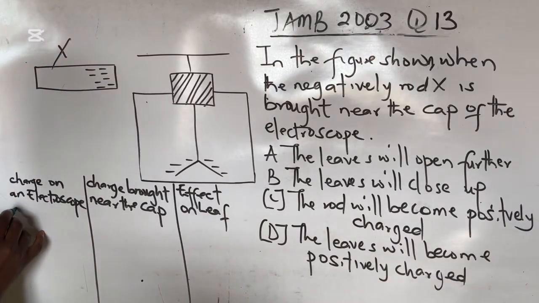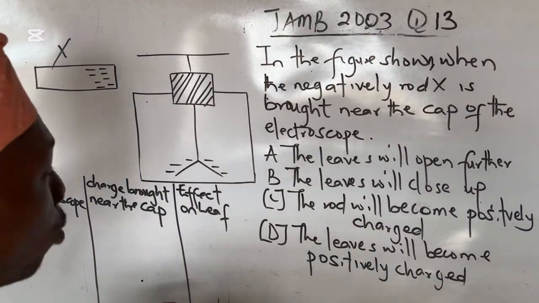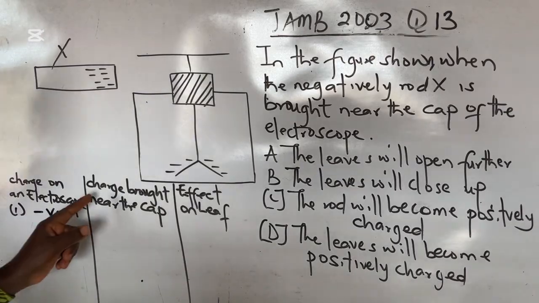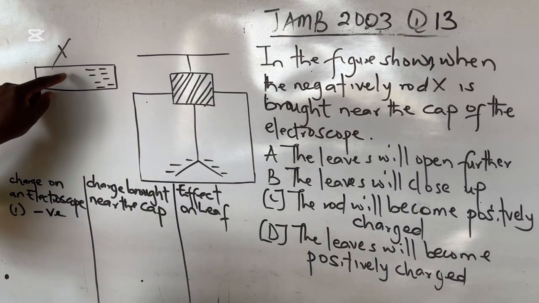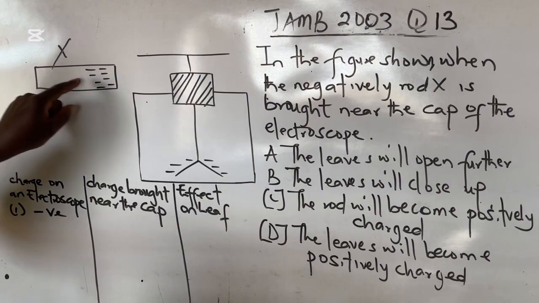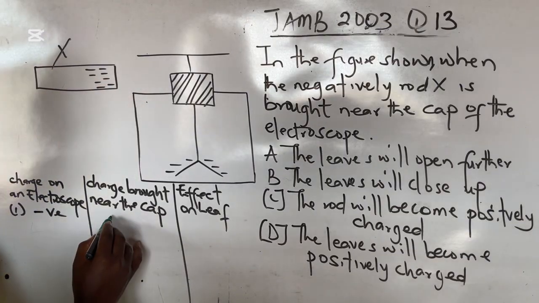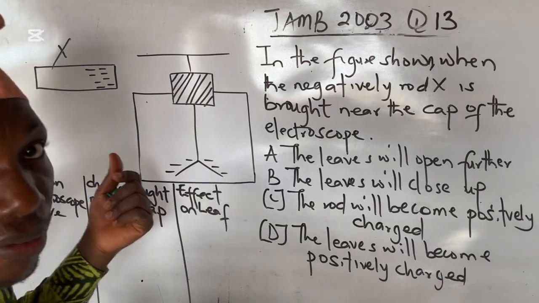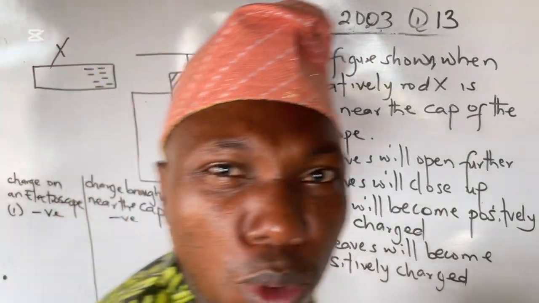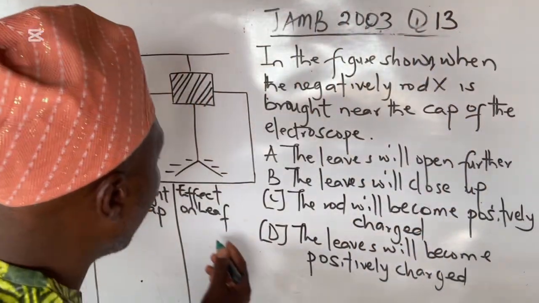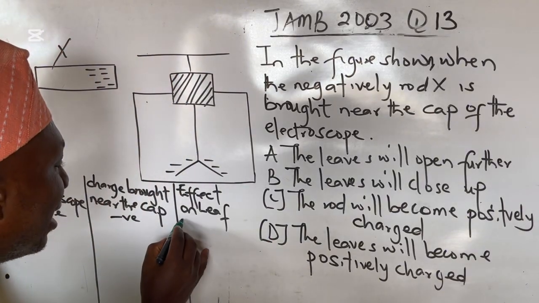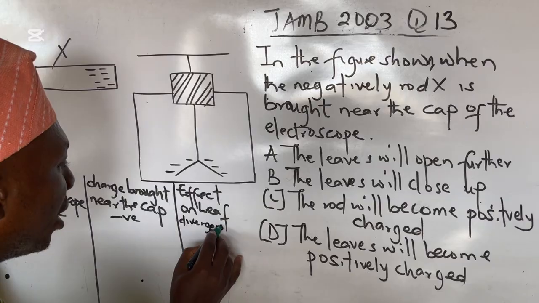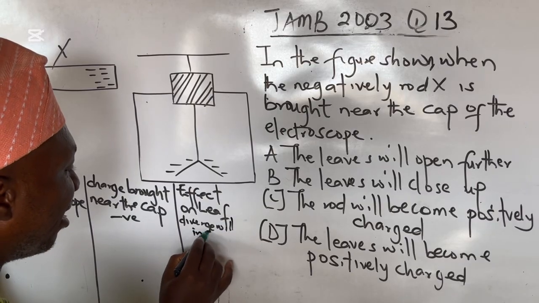Number 1, when the gold leaf electroscope is negatively charged like this, and you bring a negatively charged rod X near this cap, what will be the effect on the leaf? What will happen to the leaf? That's what they are asking. What will happen to the leaf is that divergence will increase.